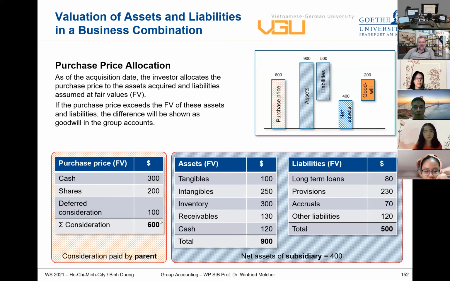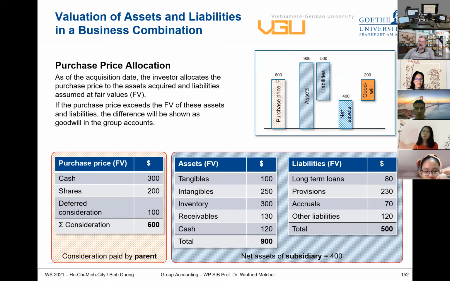Now, when you compare these, you have a purchase price of 600, net assets of 400. So this column here will represent the net assets of assets minus liabilities.